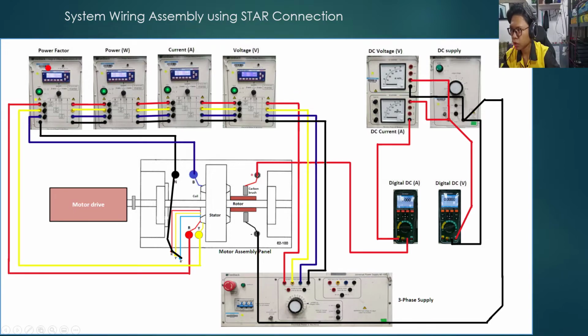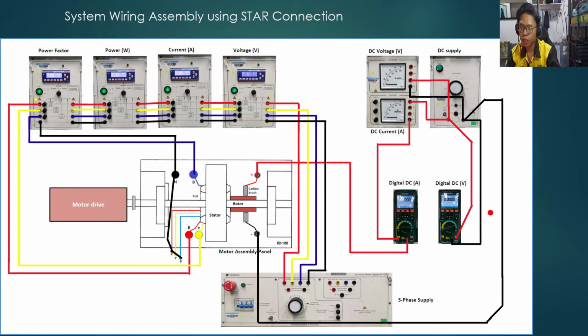These measure the output for every line of the AC power supply, while the analog and digital multimeters are for the DC power supply. We also have the motor assembly panel, which consists of the stator, rotor, and coil, and a motor drive to drive the rotor.